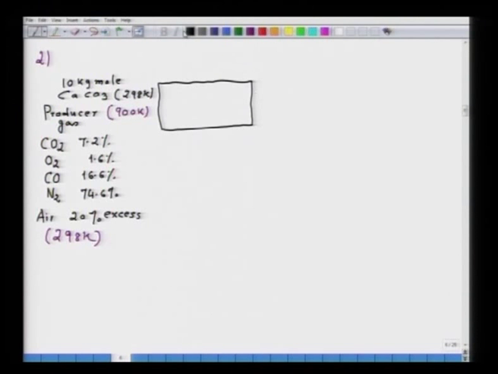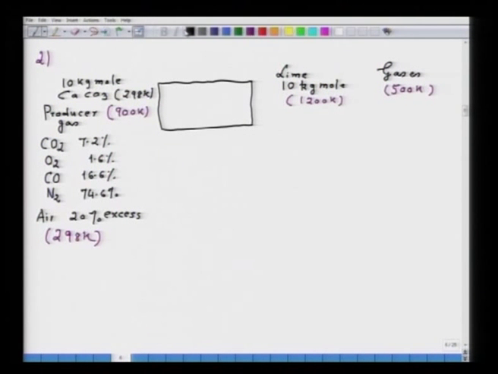Now, on the output side, your lime, which is 10 kg mole, and say lime is discharged at a temperature of 1200 Kelvin and the gases, they discharge at 500 Kelvin.